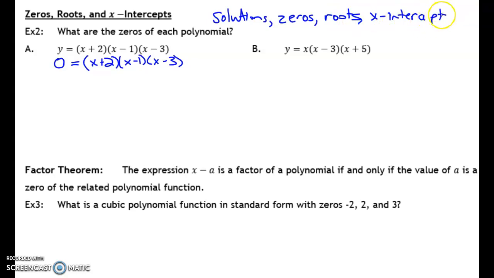Those all mean set it equal to 0 and find the answers. So if we set each of these equal to 0, our answers are -2, 1, and 3.